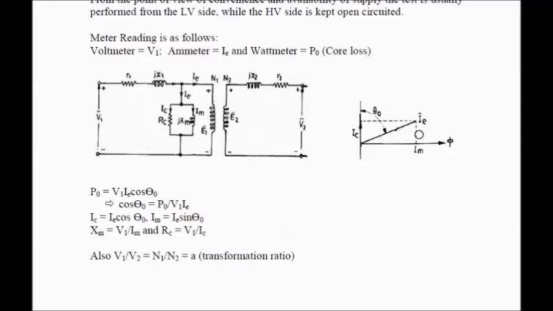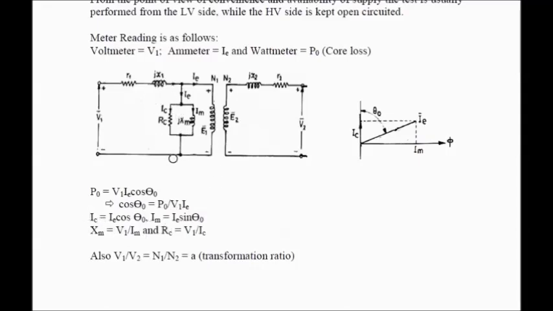And also from the no load current triangle, we know that IC is IE cos phi naught and IM is IE sin phi naught. Because we know IE, I can calculate phi naught, so I can have cos phi naught and sin phi naught, and hence calculate IC and IM.